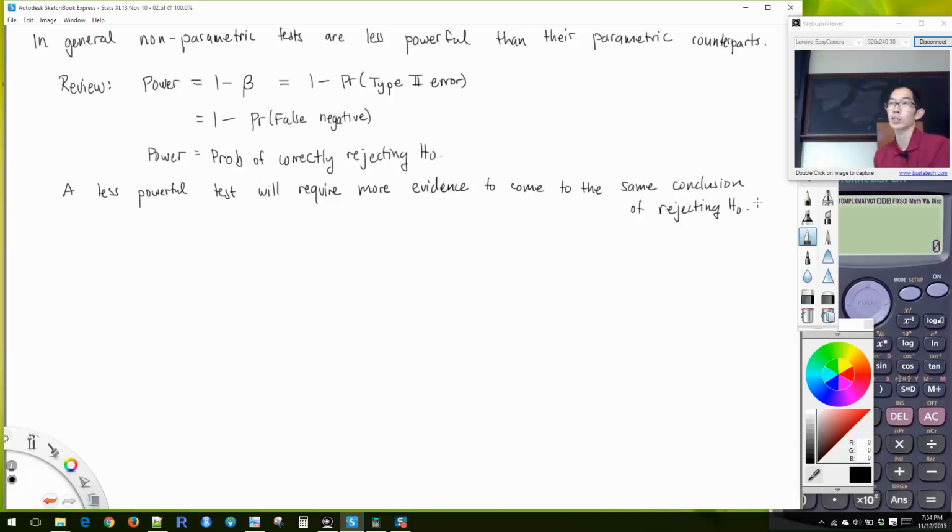With a non-parametric test, we're making fewer assumptions, and because we're making fewer assumptions, our data needs to be more convincing, okay?